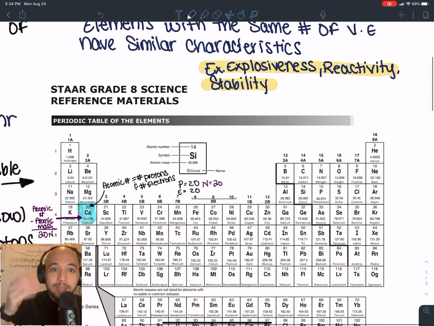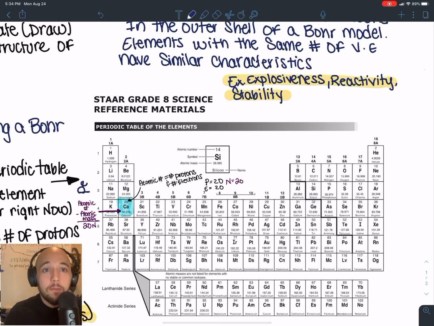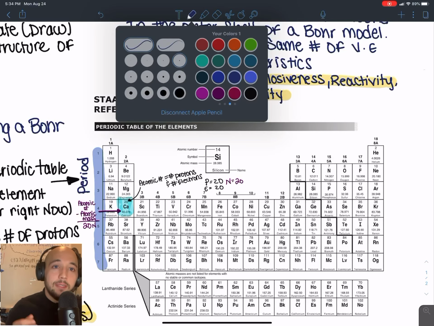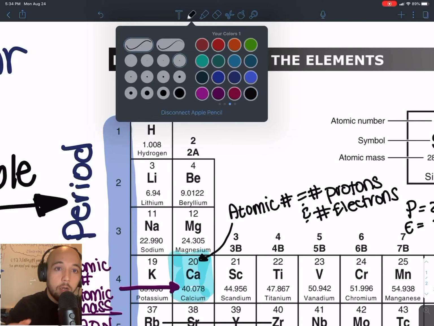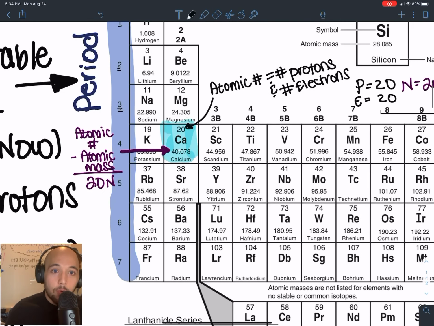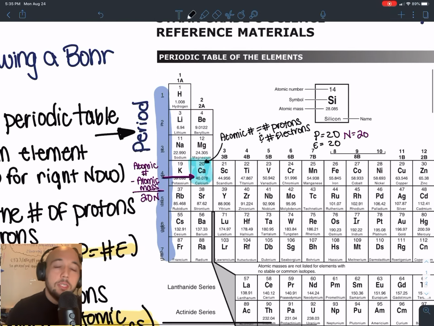So again, you'll see it written right now for periods. It's right there. And again, it ranges from 1 to 7, going from 1 all the way down to 7. And again, what that means is that each number represents the number of shells or energy levels, which are the circles around the nucleus, which contains the protons and neutrons. This just tells you how many it has.